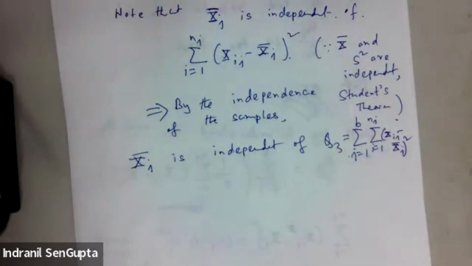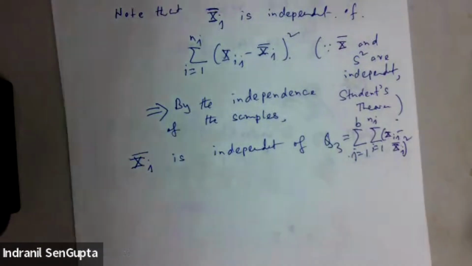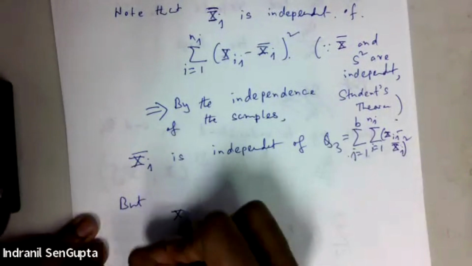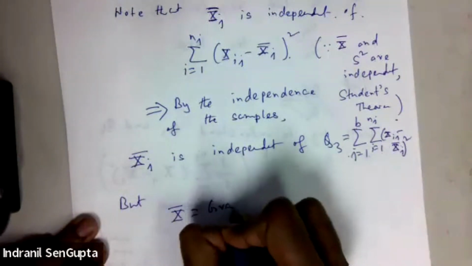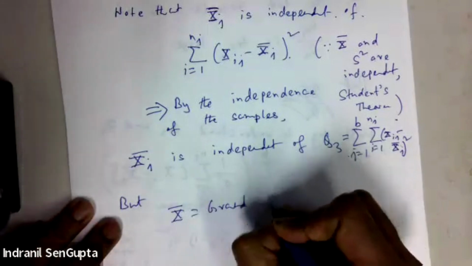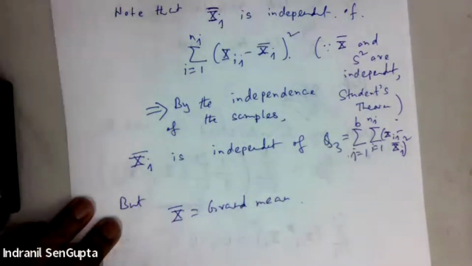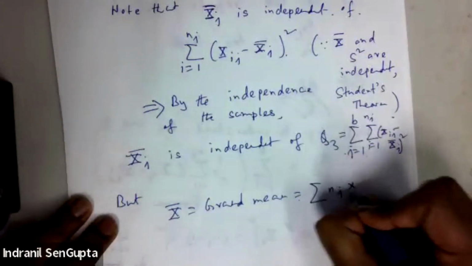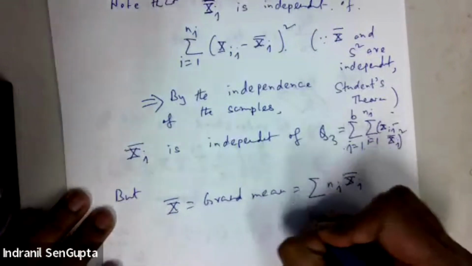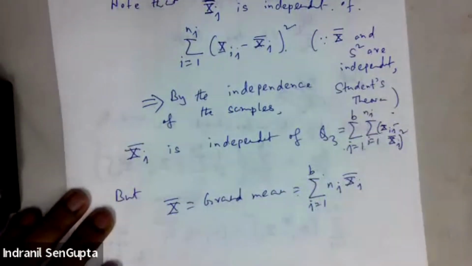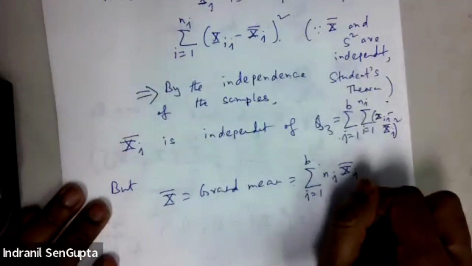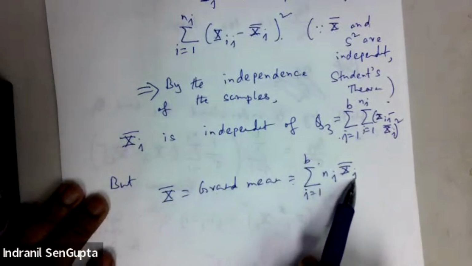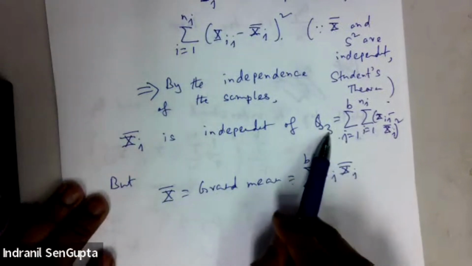Now, X bar, that is the grand mean, can be written as a combination of the nj X_j bars, j from 1 to b. So it's a function of independent random variables, which are independent of Q3.